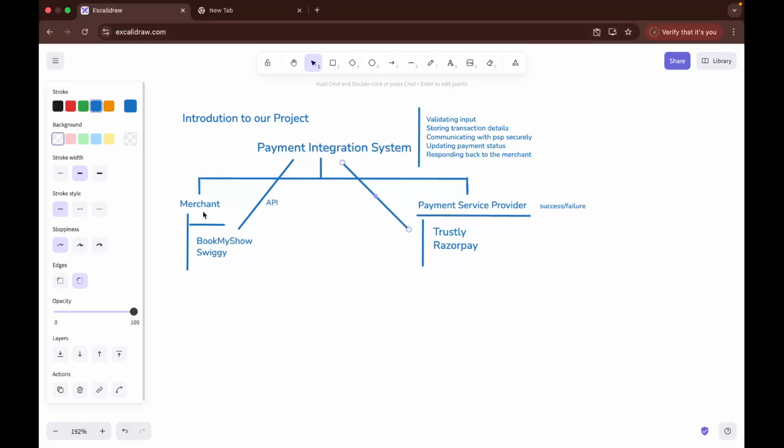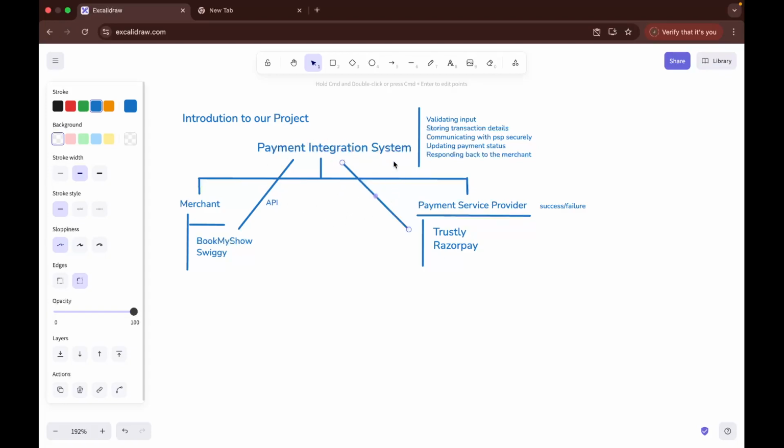So the merchant communicates with the payment integration system, and the payment integration system works with services like the validation service, the processing service, and the Trustly provider service.